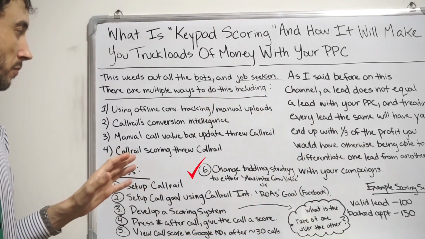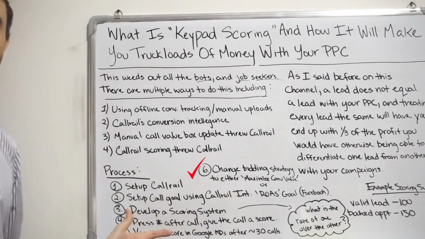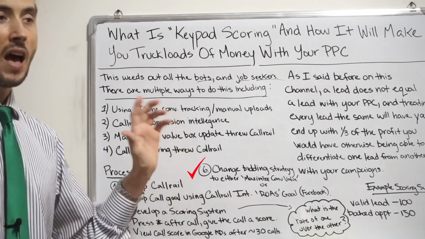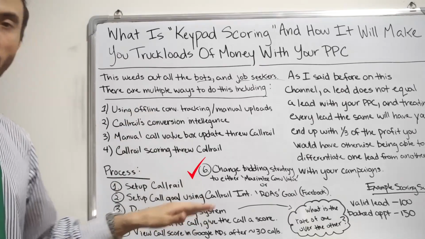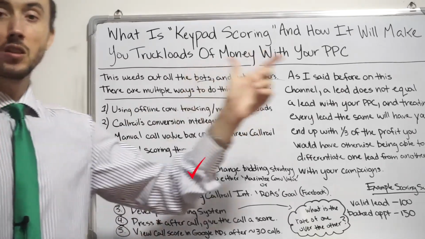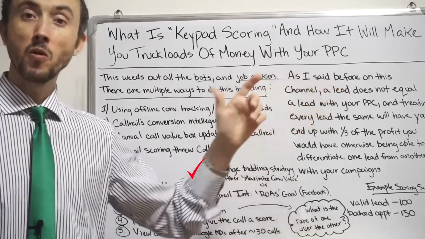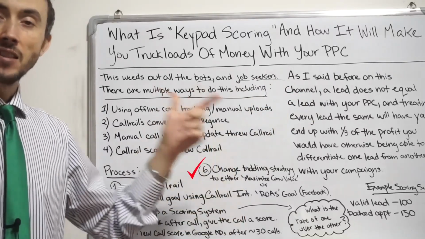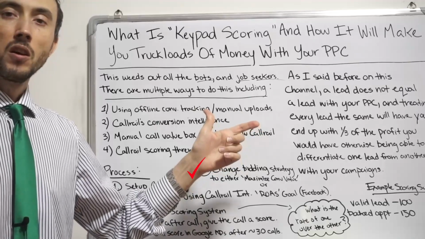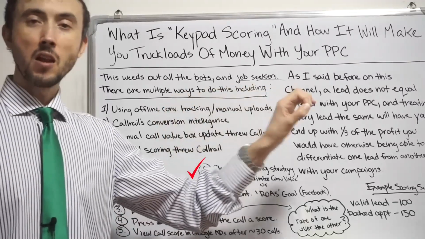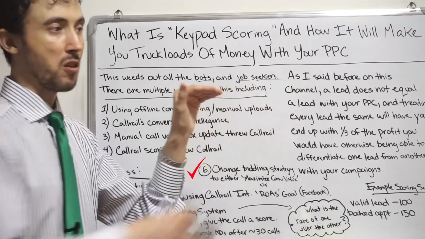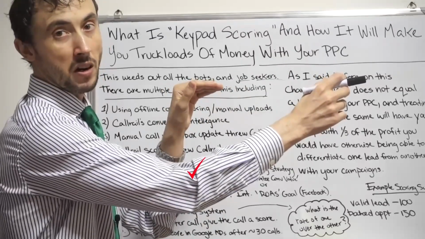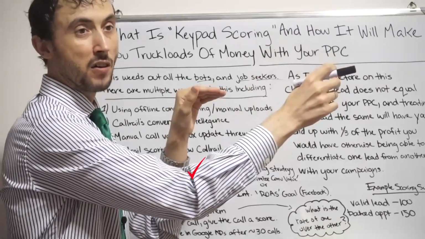When you do the CallRail integration with your ad account, you'll see the goal inside your ad account set up for phone calls. Once you add in the keypad scoring, that same goal, when a call comes in, will not only trigger and say a call came in, it'll also show whatever the keypad score was as the value under that call.